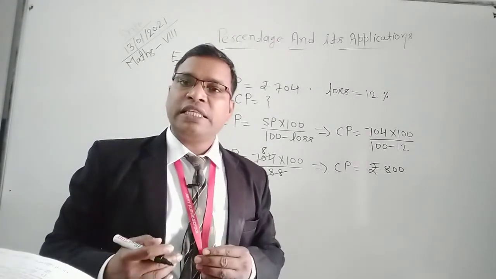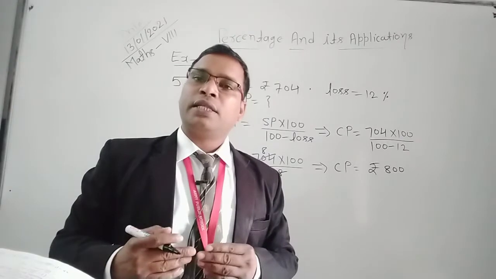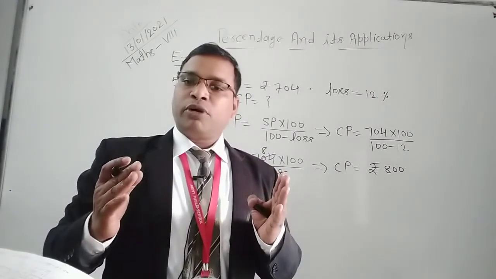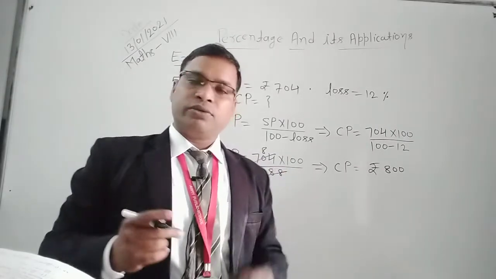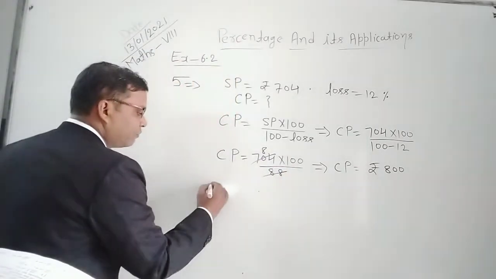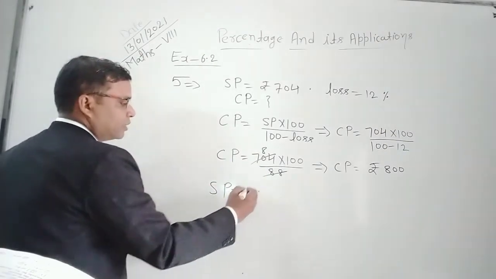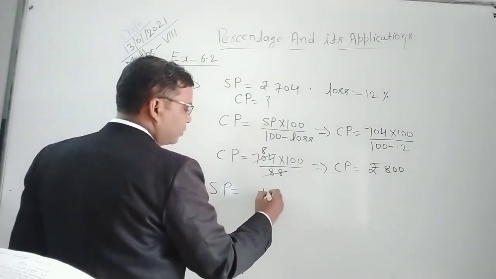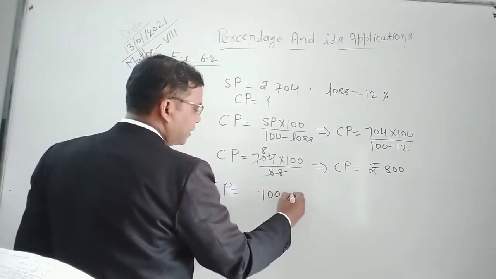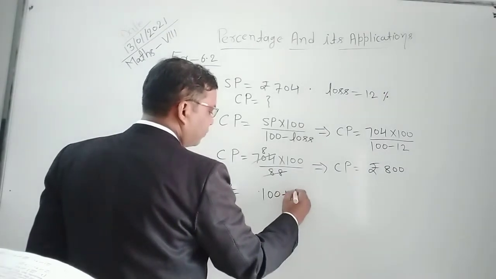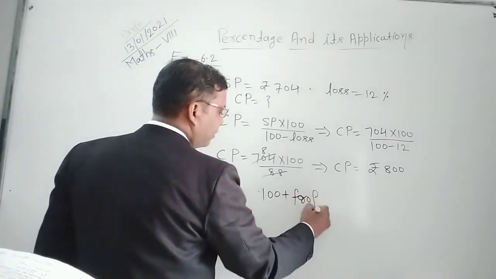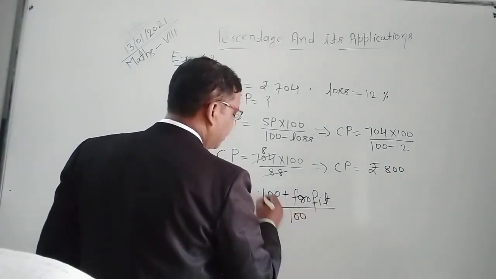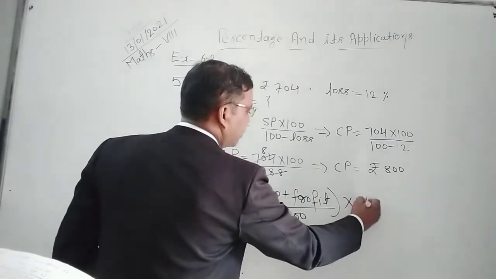Now you are going to find the new selling price of the bag when the shopkeeper gets 7.5% profit on the bag. So let's see, we need to find the selling price. Selling price is equal to what? Selling price is equal to 100 plus profit by 100 into CP.